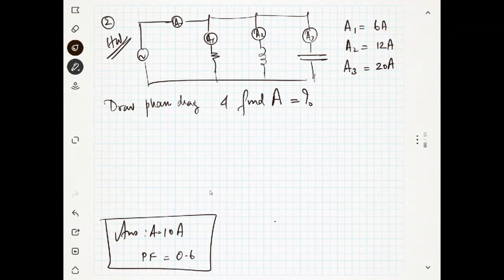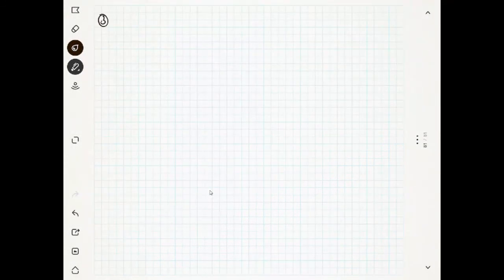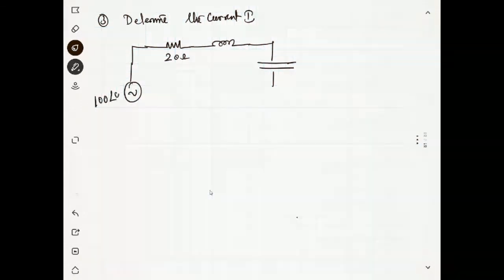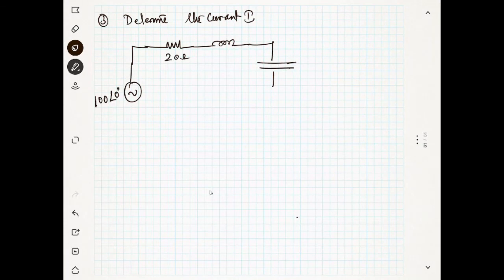So last one, I will give you that problem. This next problem: determine the current I through the network. You have a 20 ohm resistance and an inductor, and this is 100 angle 0 degrees, that is the phasor.